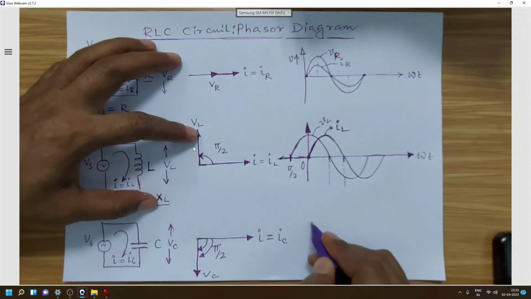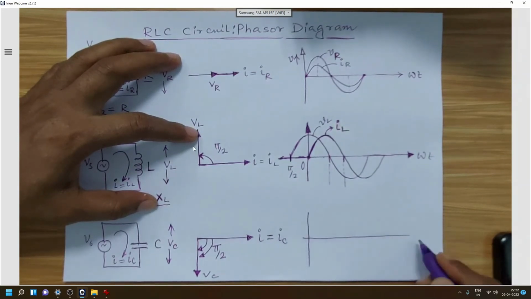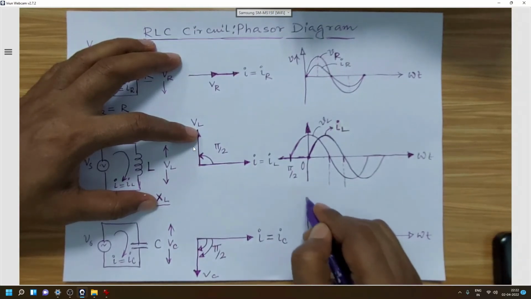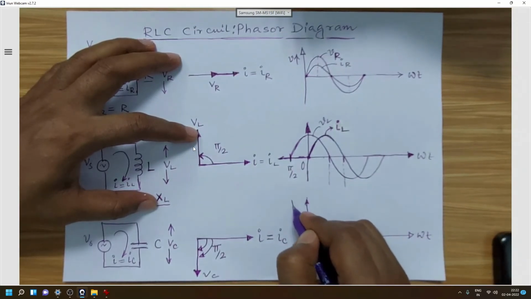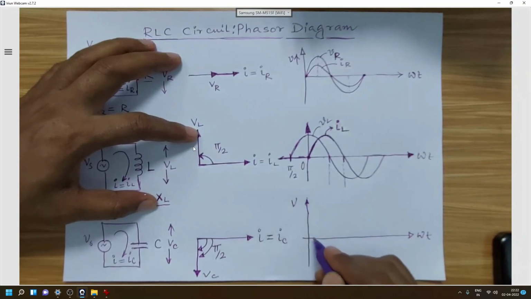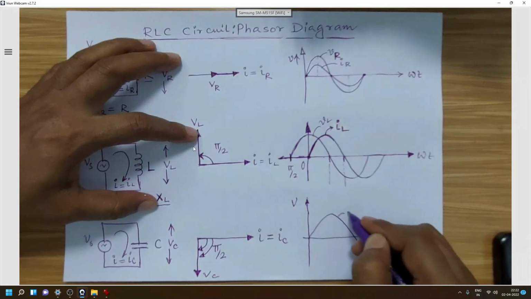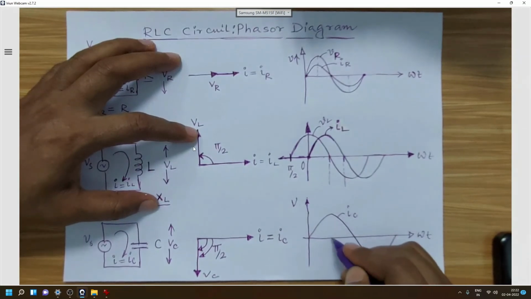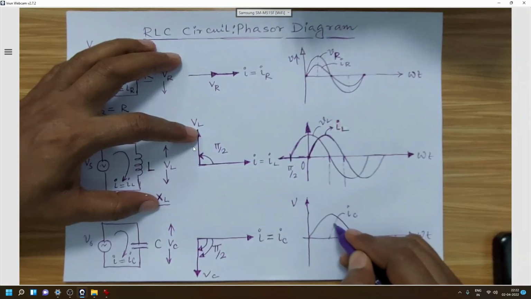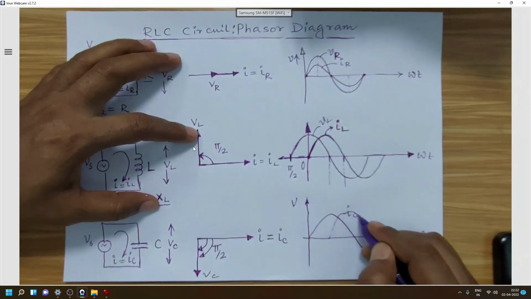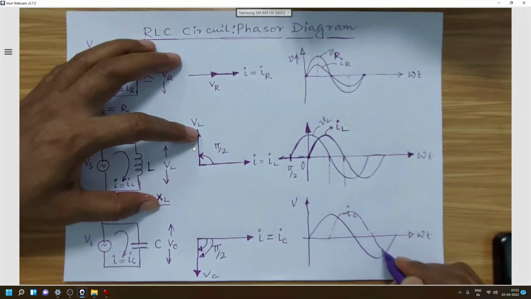So if we want to draw the time varying waveform with the help of omega t and amplitude axis, and we draw one sinusoidal waveform for representing the reference IC, we will see that the voltage waveform will start after pi by 2 angle.